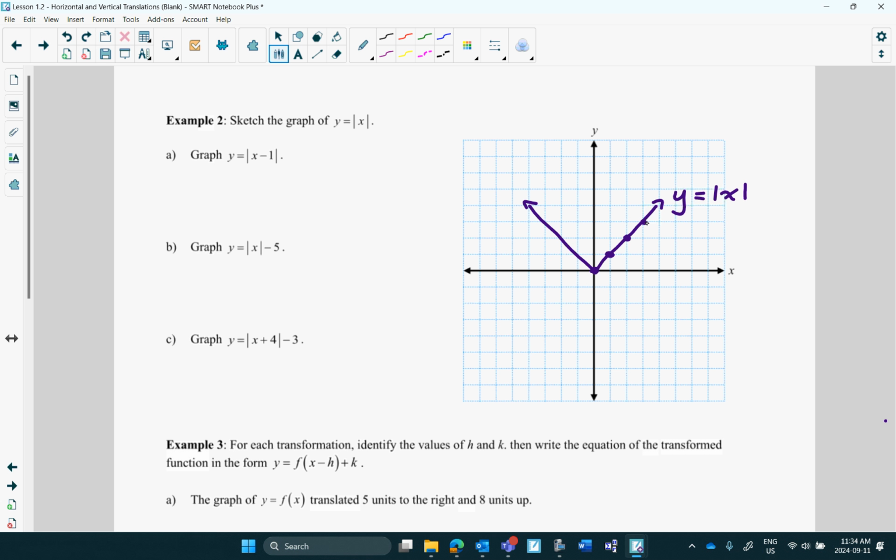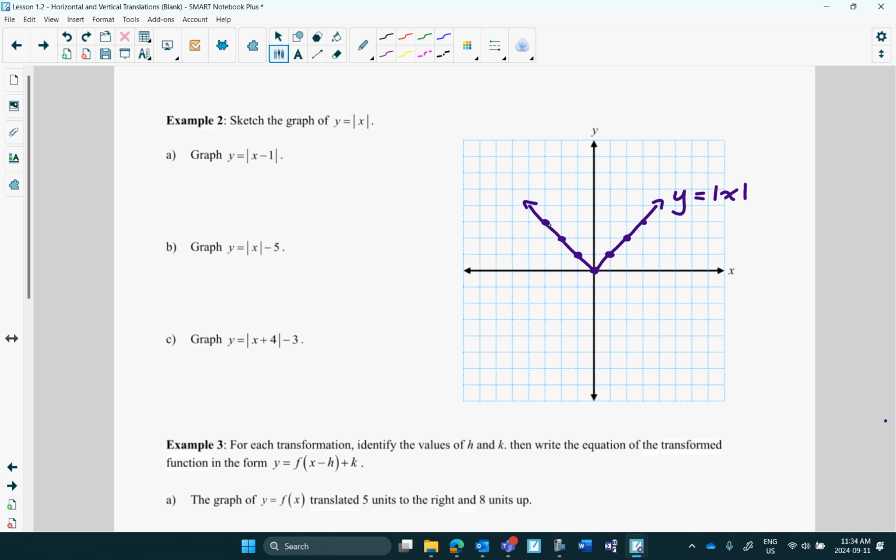Because if you plug 1 in, the absolute value of 1 is 1. If you plug 2 in, the absolute value of 2 is 2. It's also on this side: negative 1, 1, negative 2, 2, negative 3, 3. Why? Because when you plug negative 1 in and take its absolute value, you get 1. Absolute value of negative 2 is positive 2. Okay? So this is the basic absolute value graph.